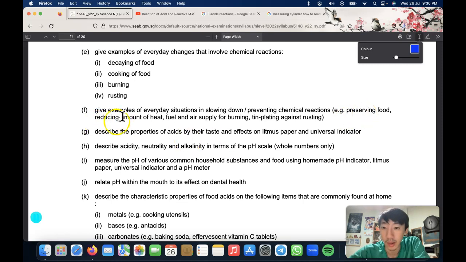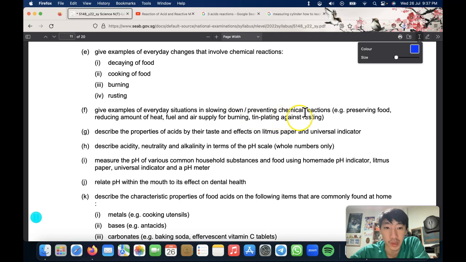Then reducing the amount of heat will also help to slow down chemical reactions, because usually heat is needed for a chemical reaction. Then if you reduce the amount of fuel and air for burning, that also slows down the rate of burning. So you can't burn as effectively, so it slows down the rate of chemical reaction.